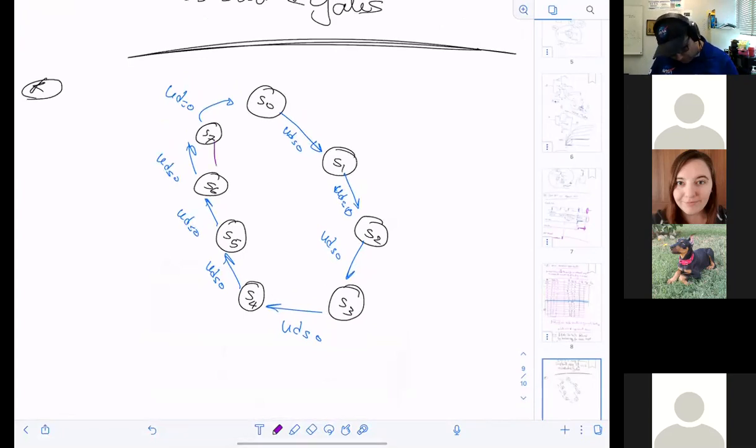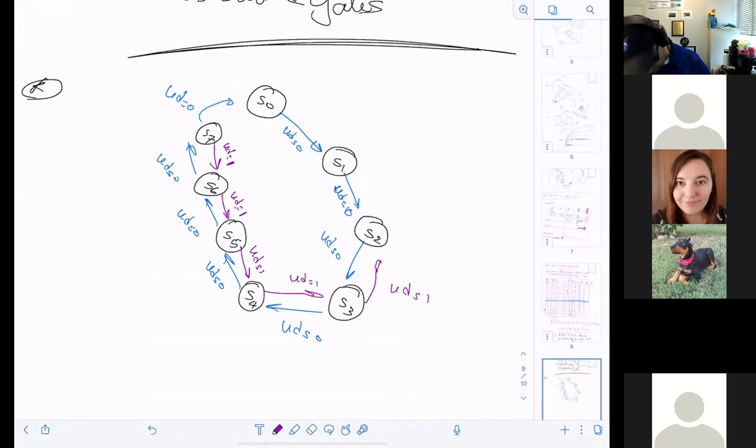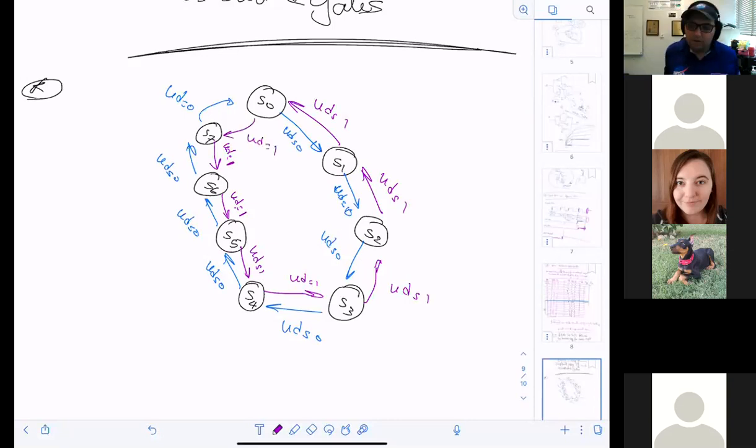So this one, when UD is equal to what? 1. So it's supposed to be very straightforward.